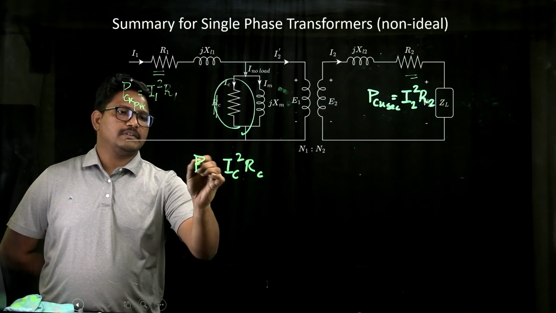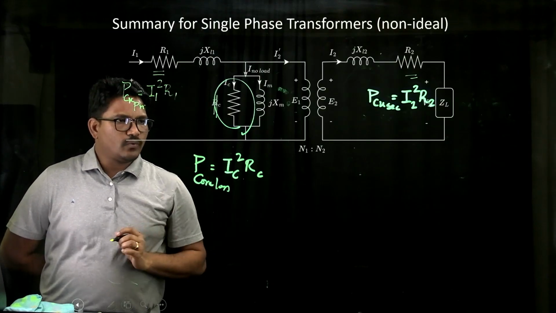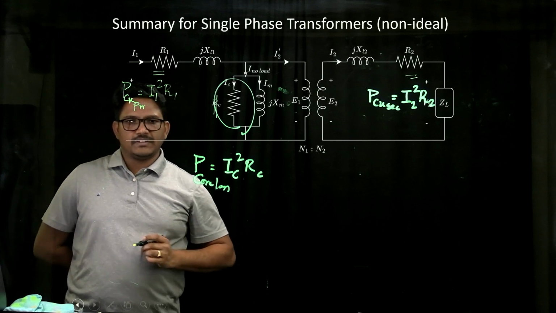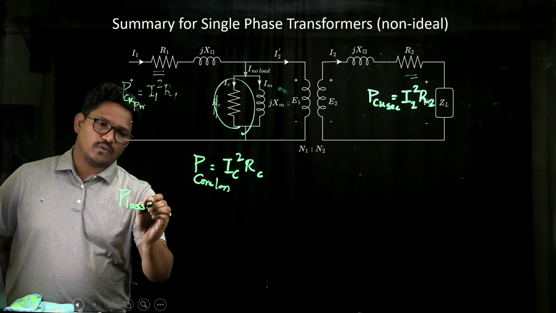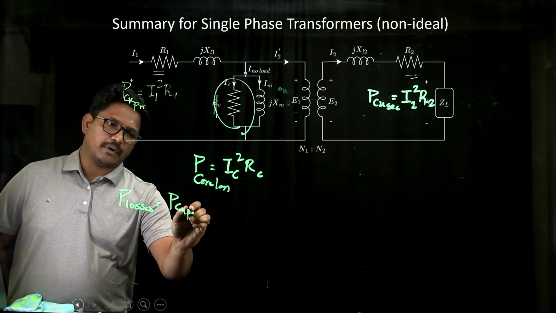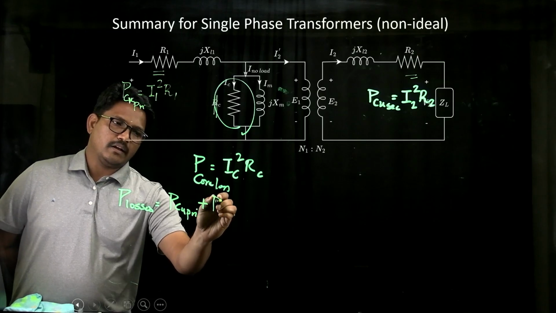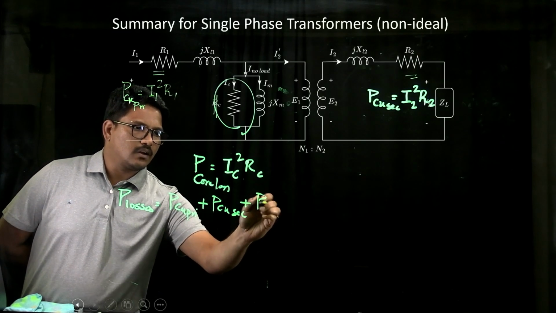These are basically core losses. So when we add the total losses of this transformer, the power losses are due to copper losses on the primary and copper losses on the secondary as well as the core losses.